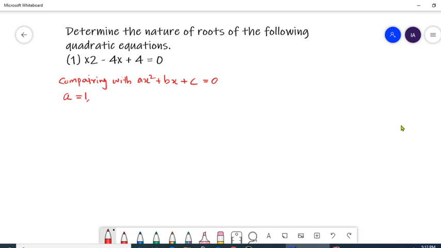How to find the values of a, b, c we have already discussed in the first exercise, so you can watch that video. So in this equation, a is 1, b is minus 4, c is 4.